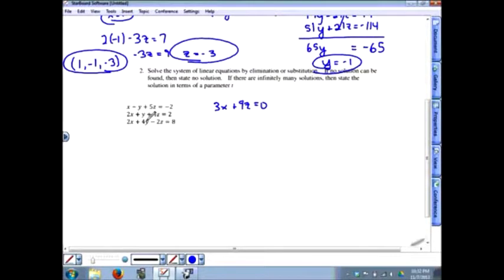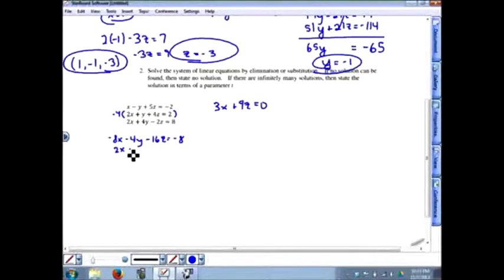So if we multiplied this middle equation by -4, that's going to cancel with that positive 4y, so that's going to become -8x minus 4y minus 16z is equal to -8.